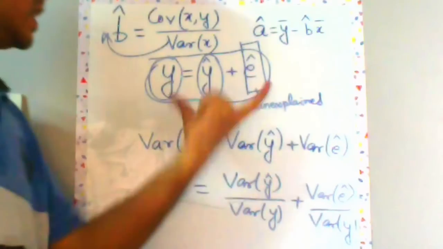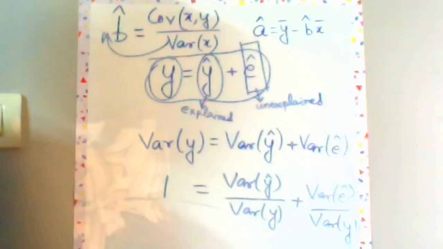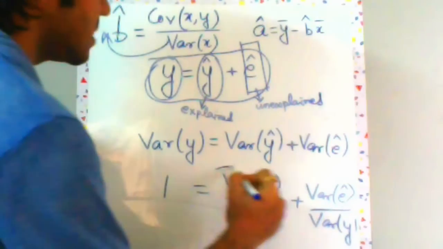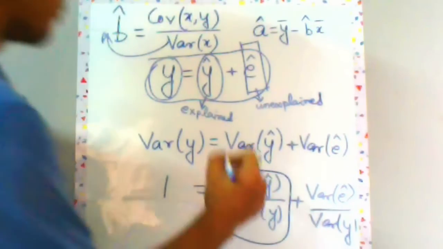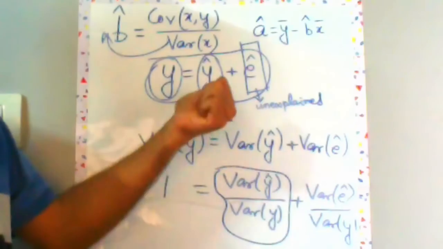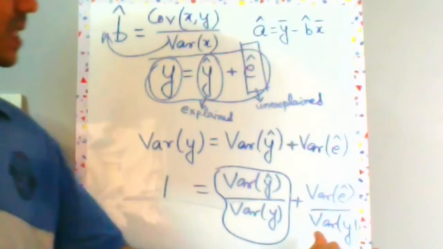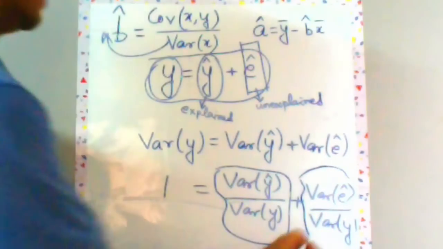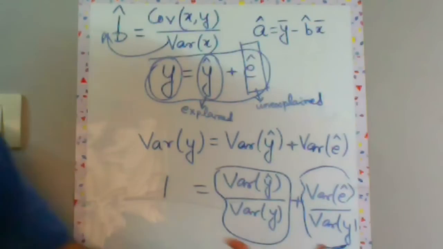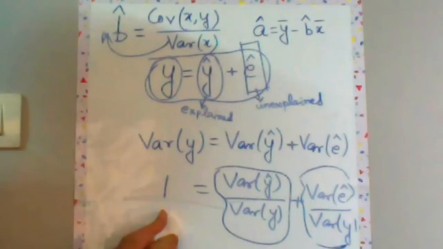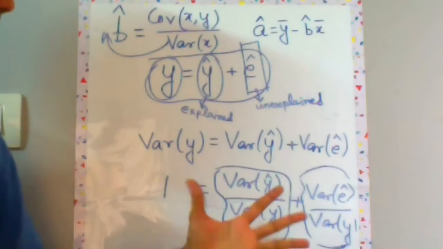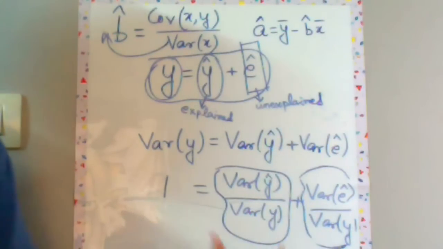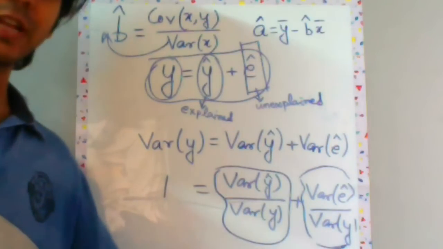If you match up these two things, you will understand that this is kind of a proportion of variance explained due to the model, and this is the proportion of variance which is remaining to be explained because the sum of these two numbers is equal to 1.